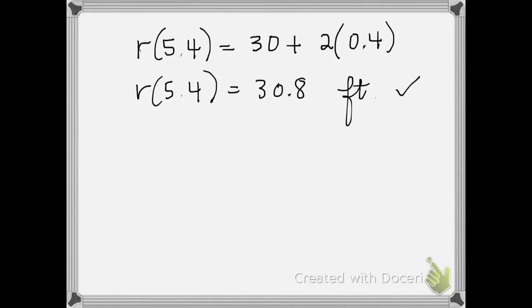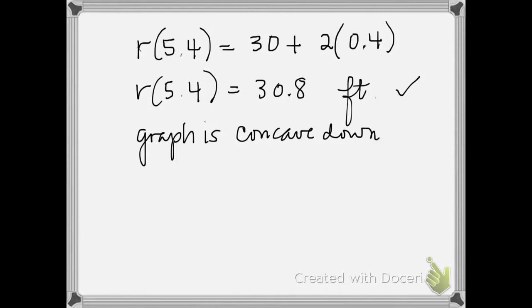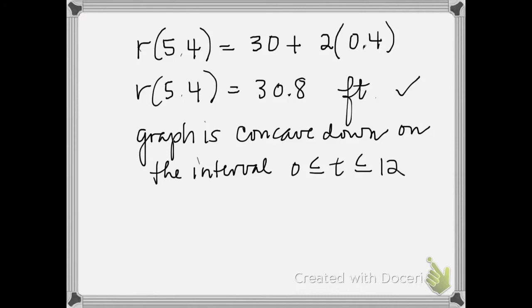And then you have to give your reason, your justification for that. Now, we are given that the graph is concave downward. It's concave down on the interval, anywhere on the interval 0 to 12. So you can put your reason now.